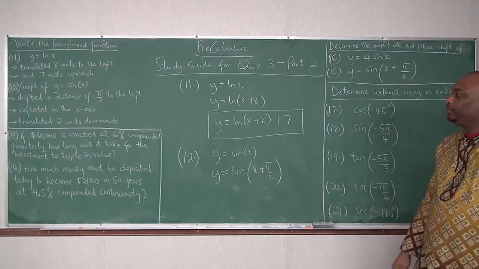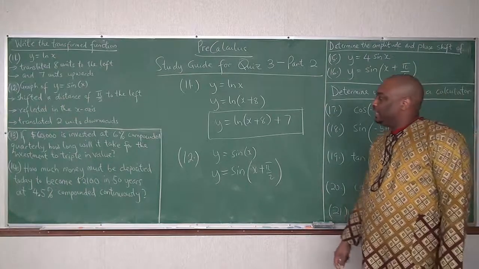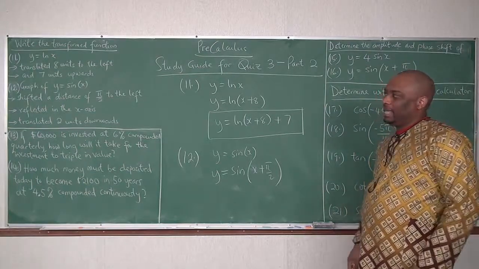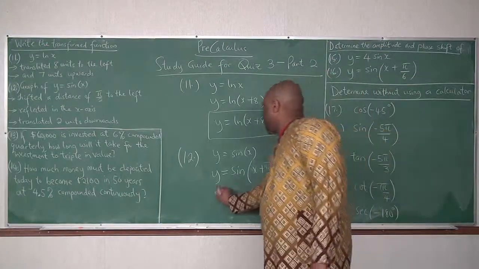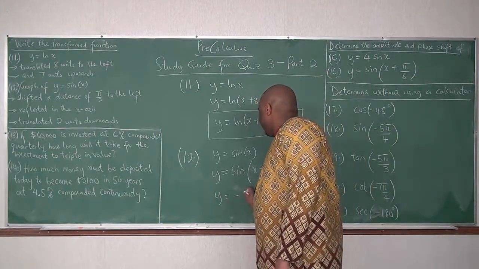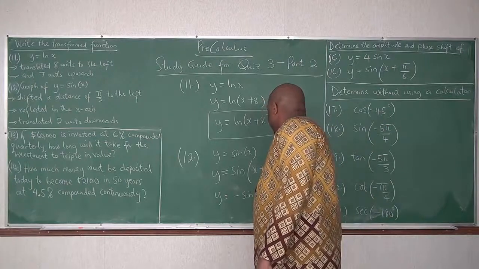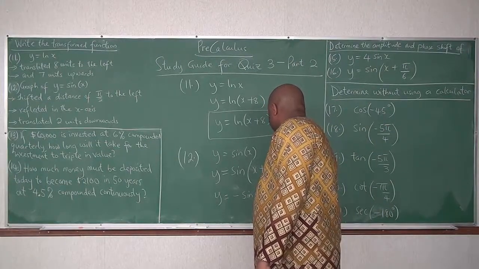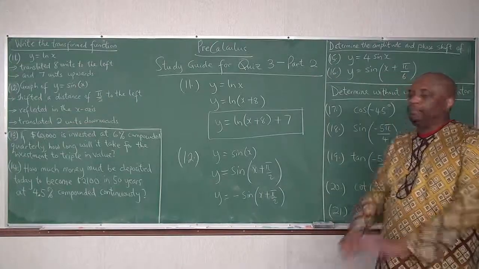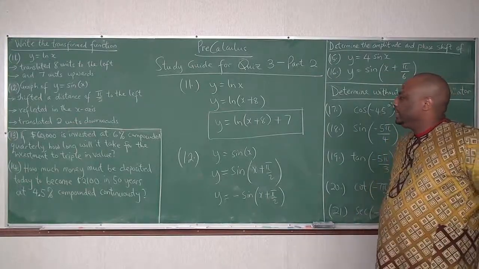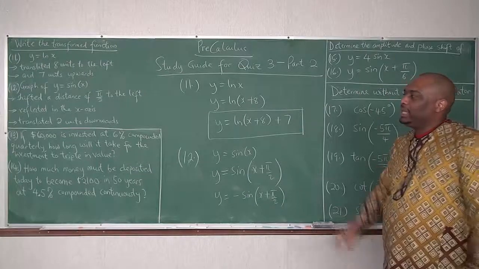Horizontal translation. Now it's reflected in the x-axis. If it's reflected in the x-axis, it will be y equal to negative sine of x plus pi over 2. Then it is translated 2 units downwards.